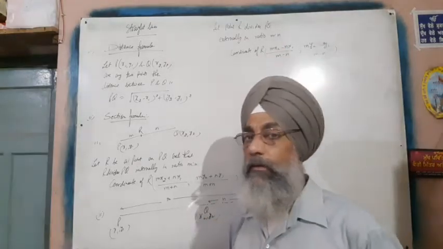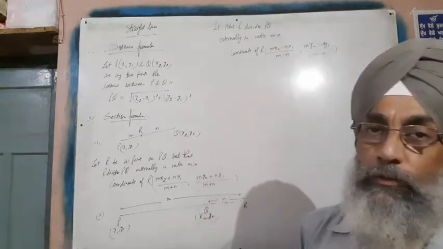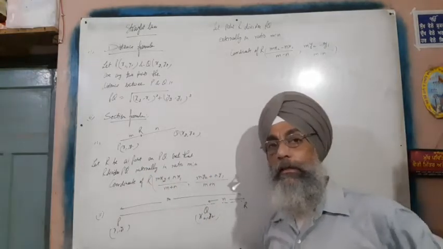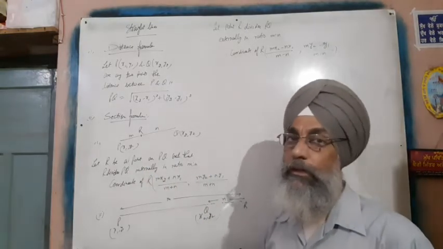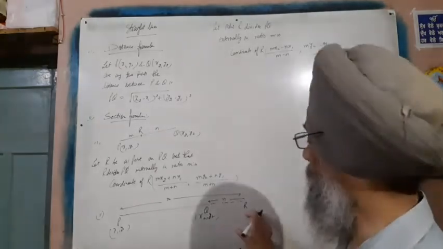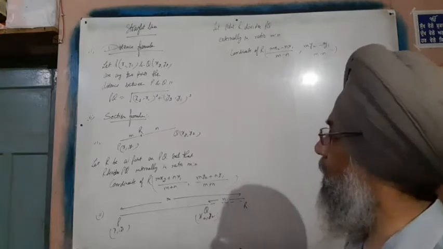This formula you haven't read in class 10th. This is a new formula for you. Internal division you read in class 10th, but external division is a new concept for you. If point R is external, the formula comes this way.